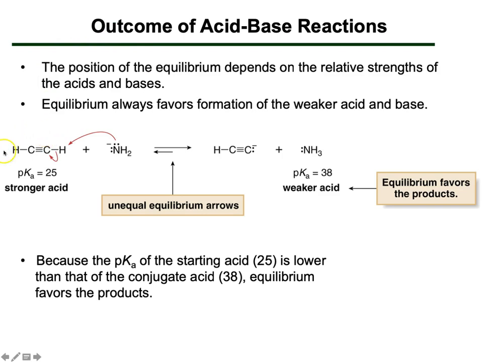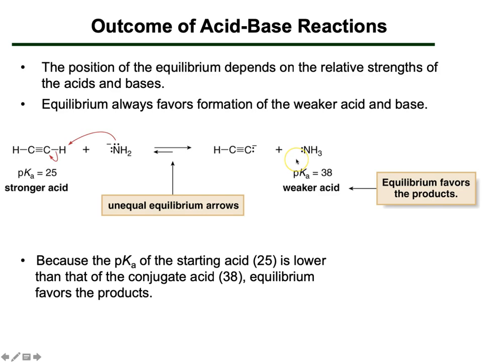And so here you see an alkyne with pKa of around 25 being mixed with an amide ion, and that amide ion is capable of completely deprotonating the alkyne, and that's because if you look at the ammonia, which is the conjugate acid of that amide ion, its pKa is 38, so it's the much weaker acid. The stronger acid is always going to push the reaction in the opposite direction.